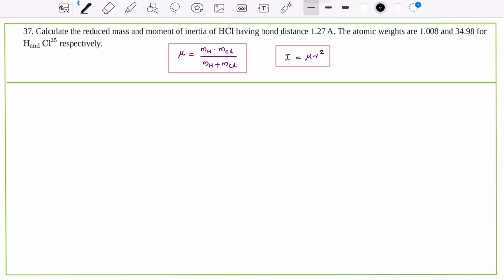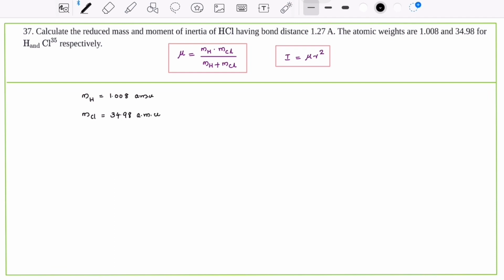I is the moment of inertia, that is equal to mu r square, where r is the bond distance. It is given that the mass of hydrogen is equal to 1.008 AMU, and mass of chlorine is equal to 34.98 AMU.